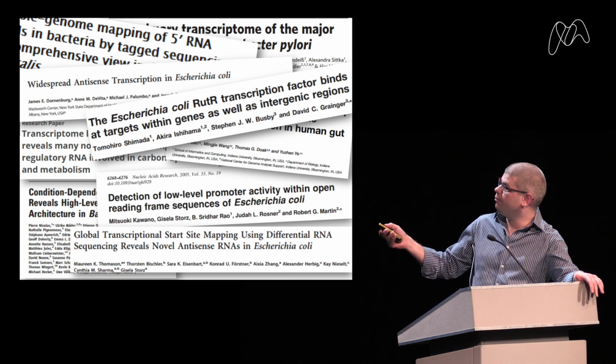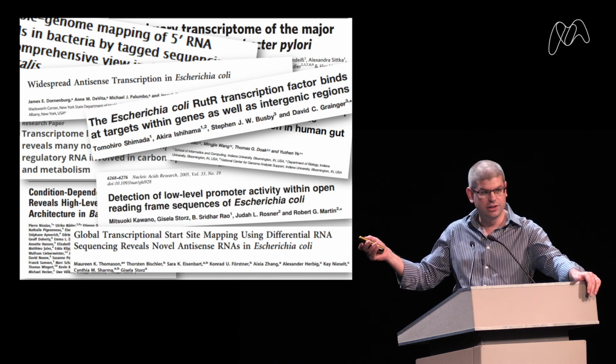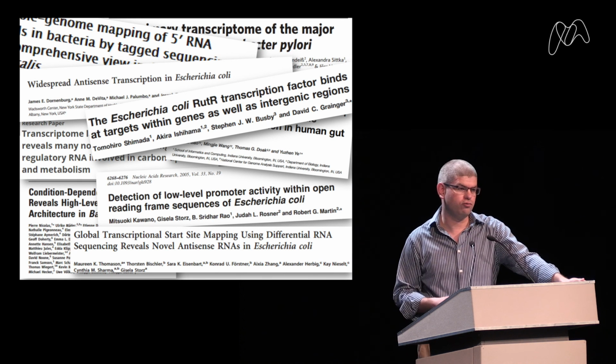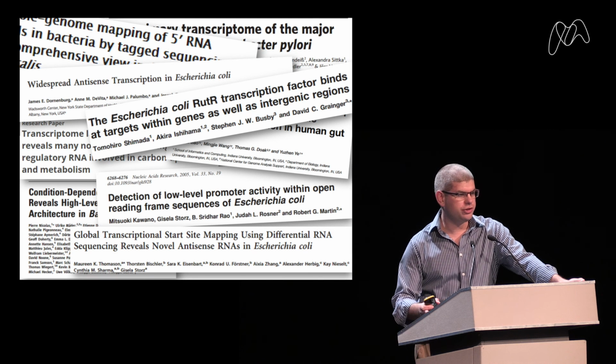A paper here from our lab where we looked at the global DNA binding properties of a transcription factor that's called RutR. And this transcription factor actually has the majority of its targets located within the sequences of genes, hundreds of base pairs away from the nearest 5' end of a gene. So again, not what you would expect on the basis of the Operon model.